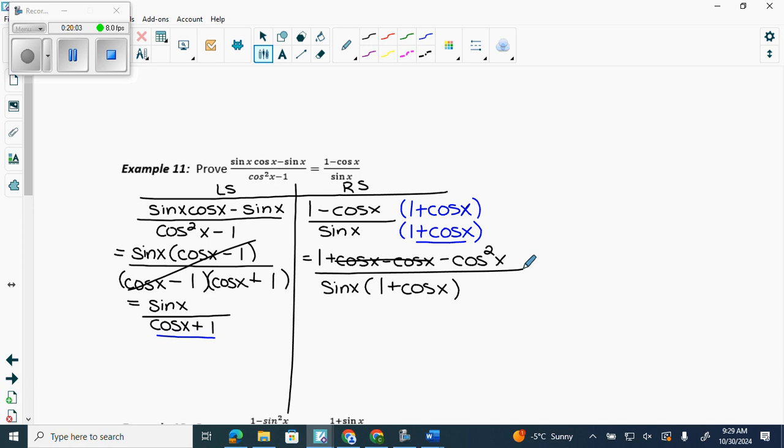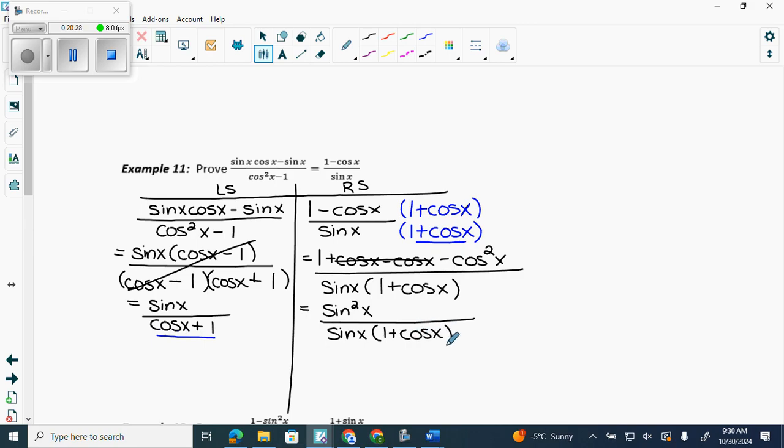So I have 1 minus cos squared x. 1 minus cos squared x is the same as what? Sine squared x. So I'm going to get a sine squared x in the numerator. And then a sine x and a 1 plus cos x. Now the sine squared x is a monomial.